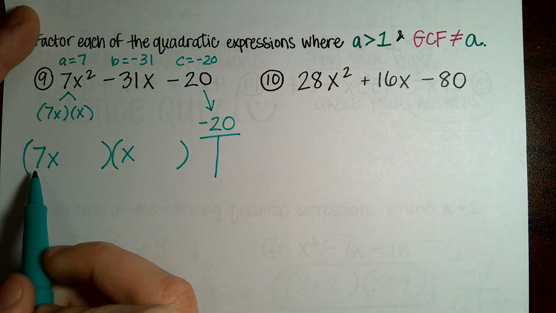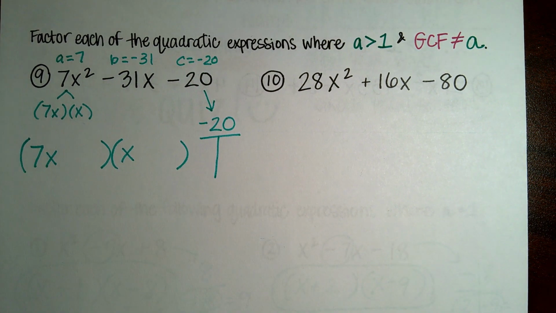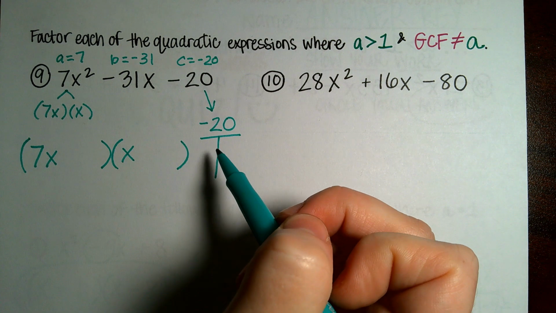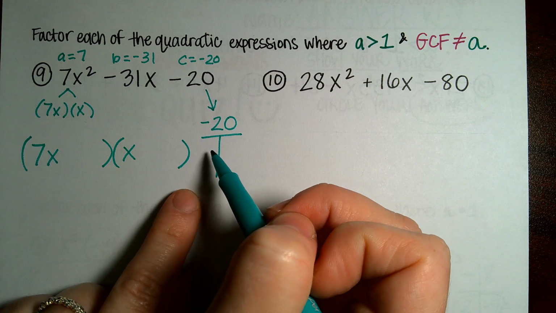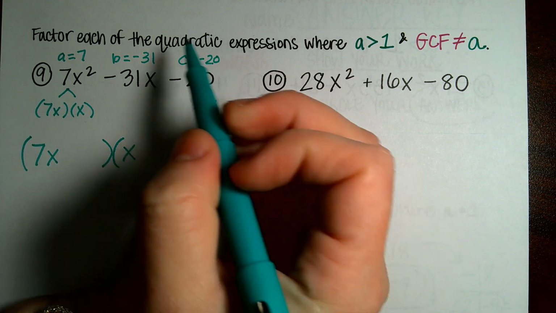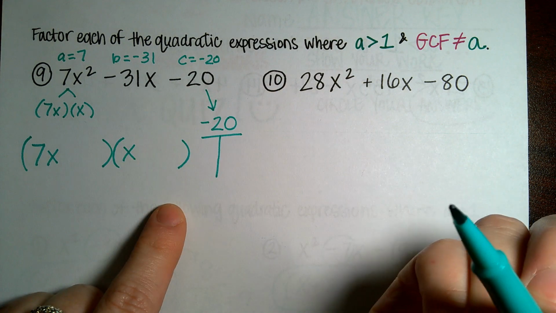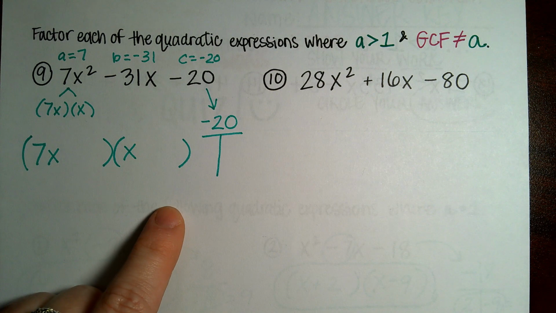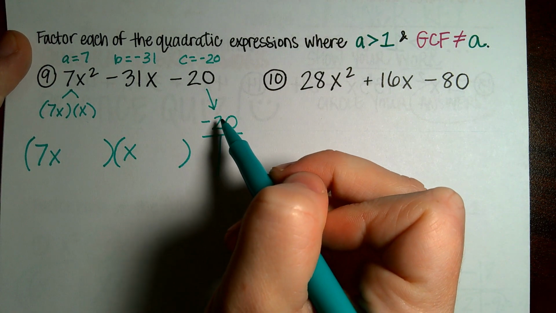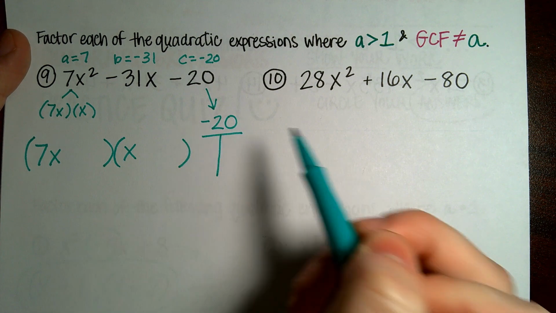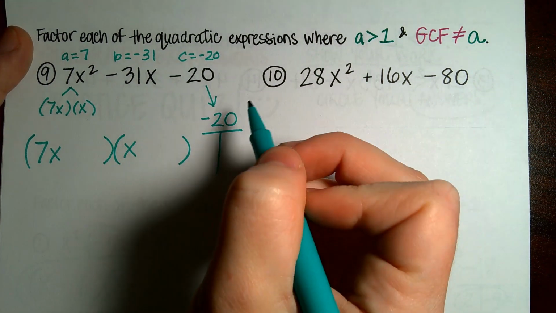But since there's a 7 in our answer, instead of just x and x, we won't be able to use the addition trick to check our answer. We won't be able to see whether these factors add up to negative 31. We're going to have to check it using that rainbow method or some mental math if you're able to do that in your head. So what are our factors of negative 20 we could try?